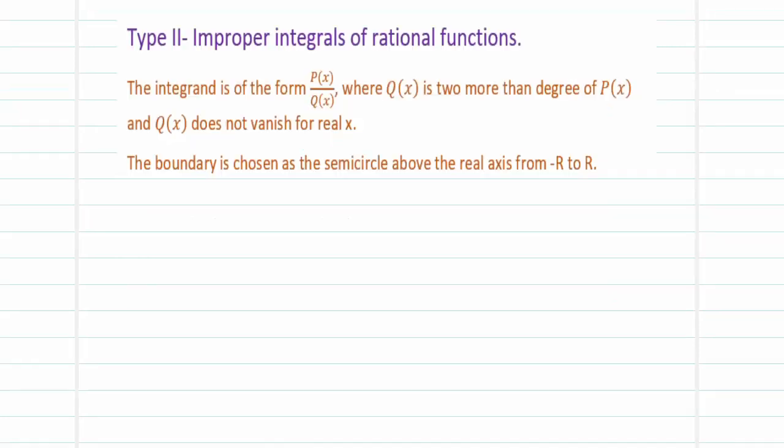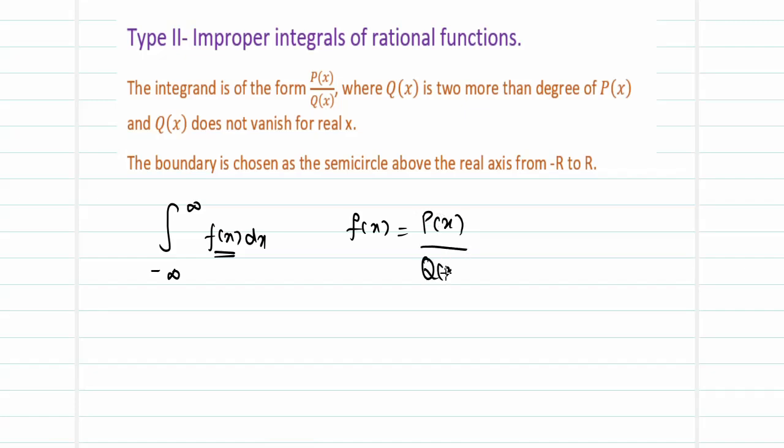Now what we refer to as type 2 problem is going to be improper integrals of rational functions. So what we are going to do is integrate a function from minus infinity to infinity. The function is going to be of the format f of x dx, where this f of x takes the format capital P of x divided by q of x.